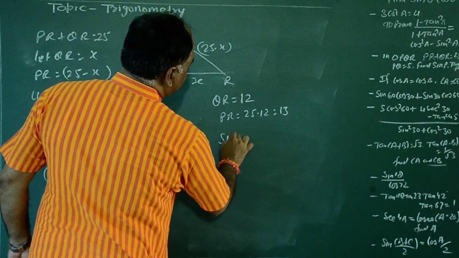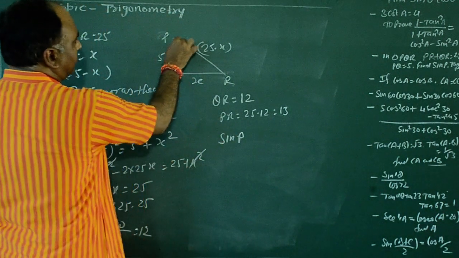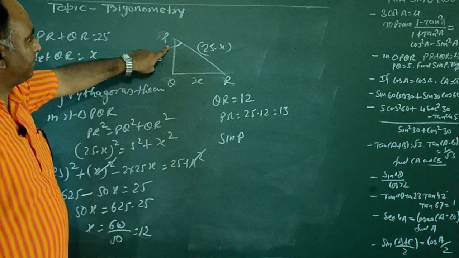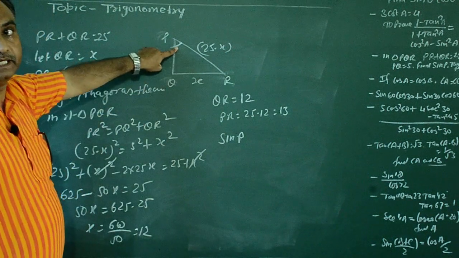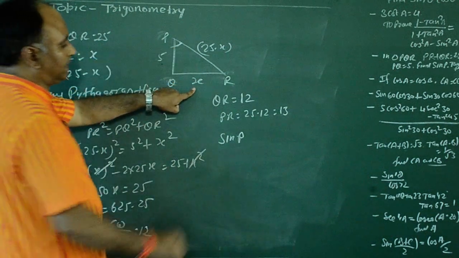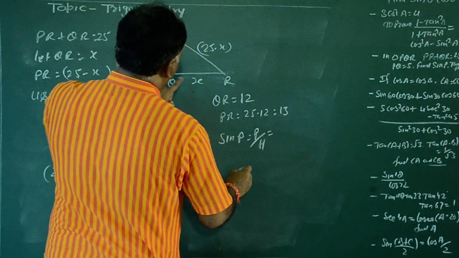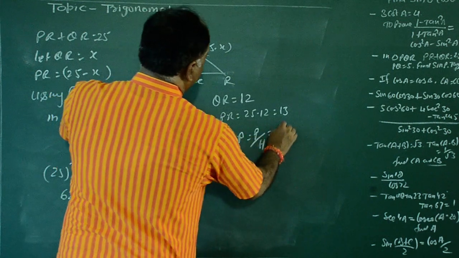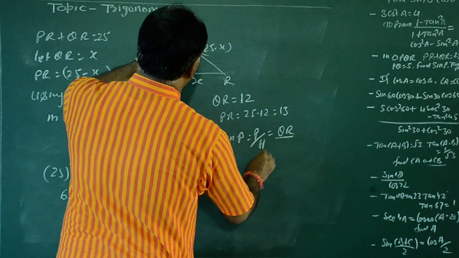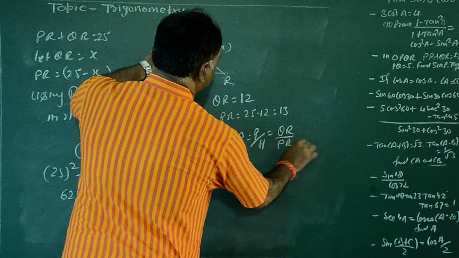sin P. Here you have taken this angle P, it means this is the perpendicular. So you have the formula for it, P upon H. And what is the perpendicular? That is QR. And what is the hypotenuse? That is PR.